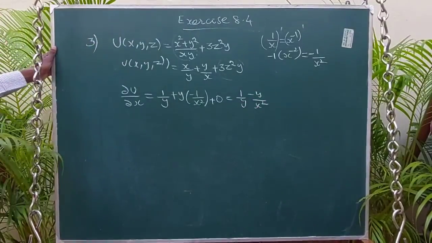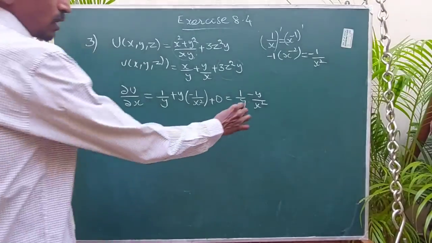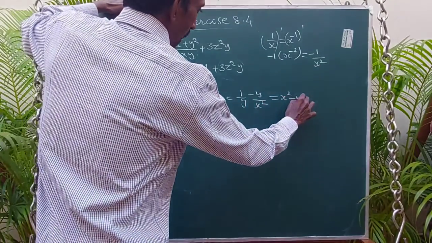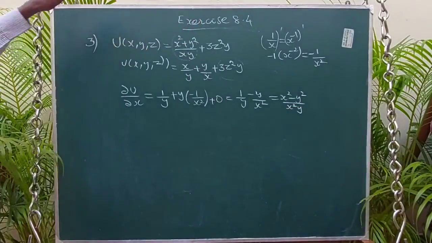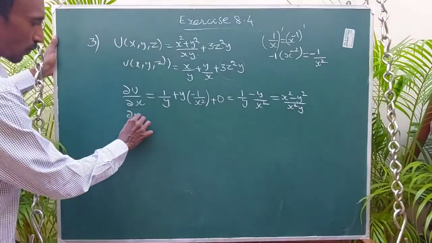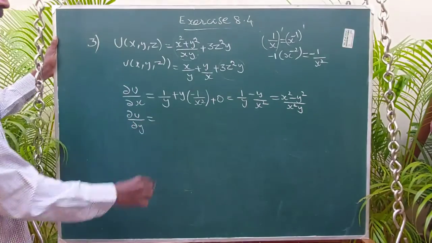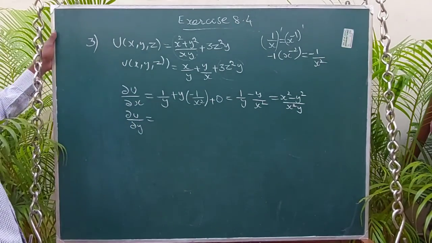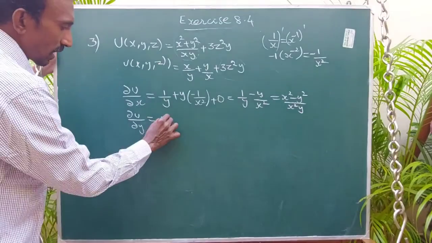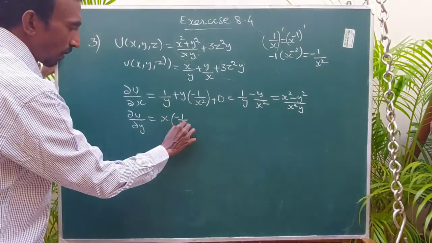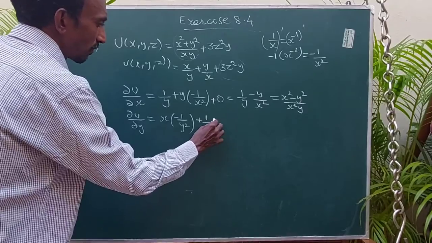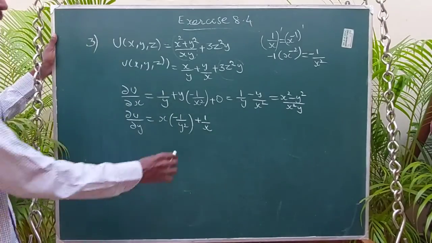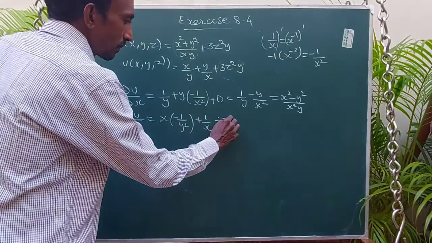So we are getting 1 by y minus y by x square. Or if you want, you can take the LCM: x square minus y square by x square y. Next, with respect to y, imagine x and z as constant. So x is a constant, differentiation of 1 by y is minus 1 by y square, plus 1 by x is a constant, differentiation of y is 1, and 3z square is a constant.